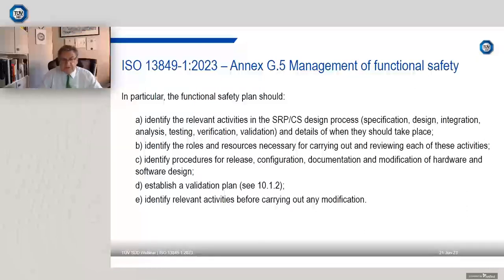So having good change management in place is another way of avoiding systematic failures during modifications. So it's at least there. Some people would have preferred it if it was beefed up a little more, if there was more of that in the normative parts and so on, but we have at least got it mentioned.